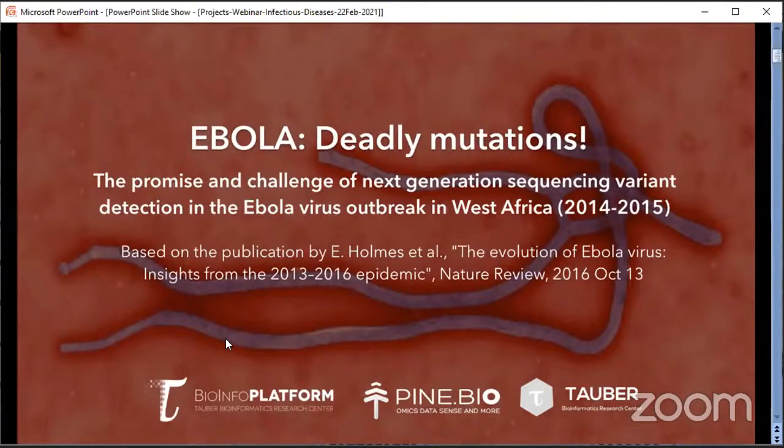The recent epidemic outbreak in West Africa has raised concern about the implication of this virus on the human population. So here we have designed a dedicated project on Ebola based on the original publication data to understand its origin and to find out what are the important mutations or variants for this particular outbreak.